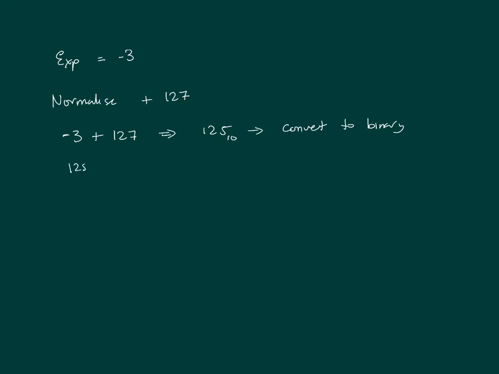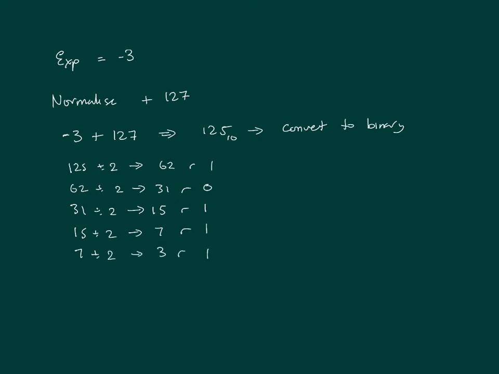So we have 125 divided by 2, that gives me 62, remainder 1. 62 divided by 2, that's 31, remainder 0. 31 divided by 2 gives me 15, remainder 1. 15 divided by 2 gives me 7, remainder 1. 7 divided by 2 gives me 3, remainder 1. 3 divided by 2 gives me 1, remainder 1. 1 divided by 2 gives me 0, remainder 1.